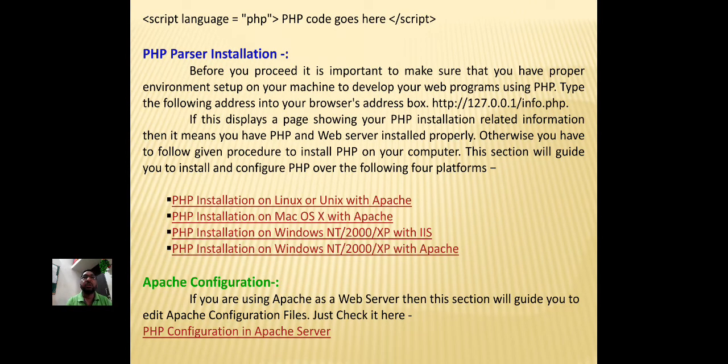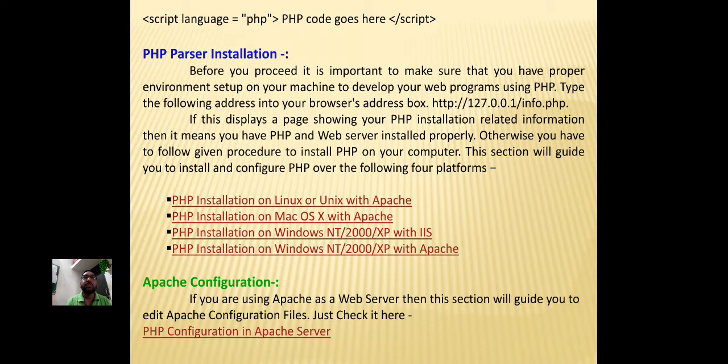PHP parser installation. Before you proceed, it is important to make sure that you have a proper environment set up on your machine to develop your web programs using PHP. Type the following address into your browser address box: http://127.0.0.1/info.php.